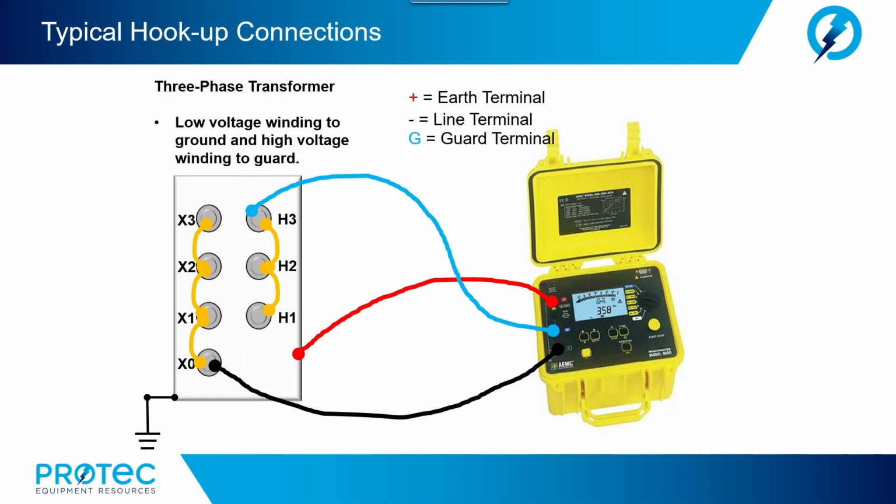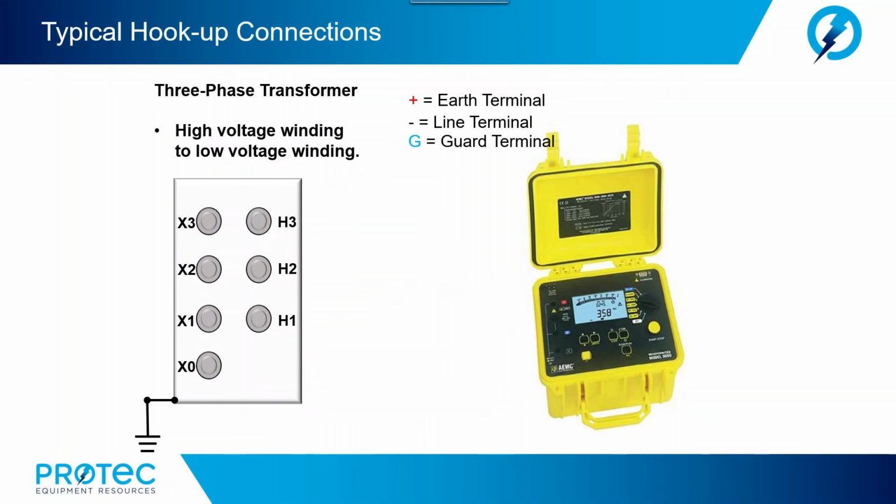So now we are only measuring the leakage current going from the low voltage windings to ground, and any leakage current that is flowing from the low voltage windings to the high voltage windings is being bypassed from the measurement circuit through the guard circuit. So they are not contributing to our final reading.